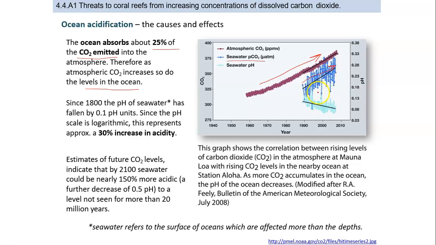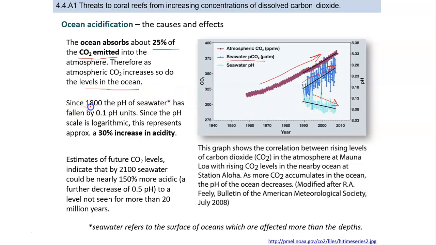Because of the increased carbon dioxide dissolving into the water, definitely the pH goes down, and you will see that there is a negative correlation between the increase of the CO2 and the decrease of the pH.